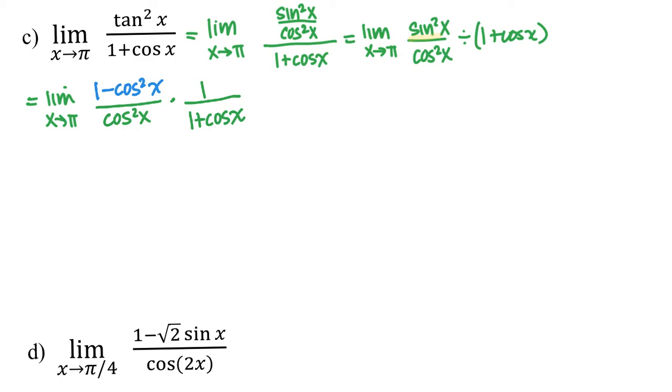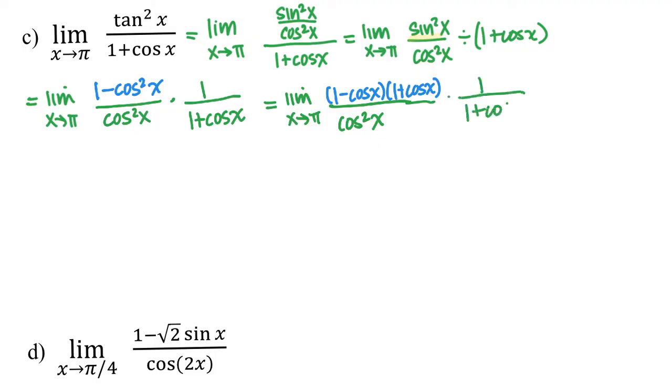Okay, I can see now if I factor the 1 minus cosine squared x, I will be able to cancel something, and hopefully that will be enough. Those cancel. Let me bring over what's left.